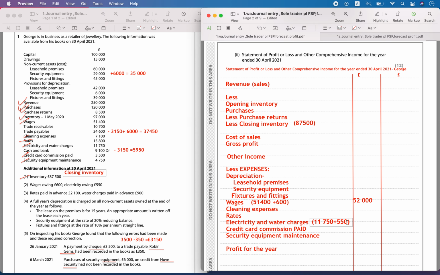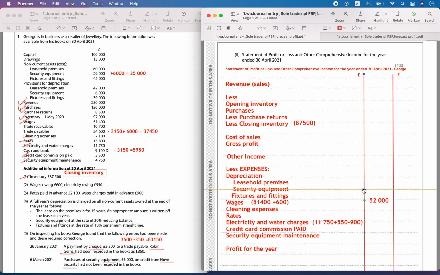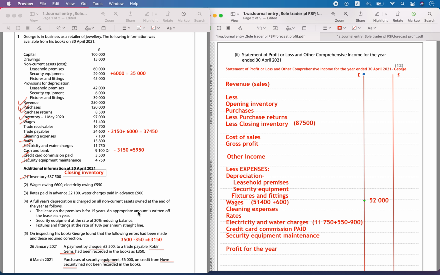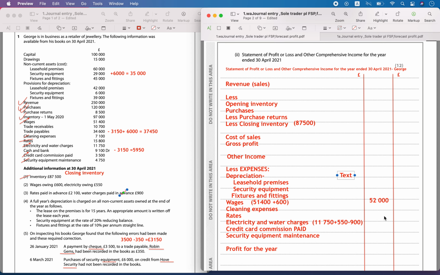So let's adjust that: minus 900 prepaid, which has to be subtracted. So 11,750 plus 550 minus 900. Any owed expenses you have to add, any prepaid expenses you have to subtract. So let's calculate this.